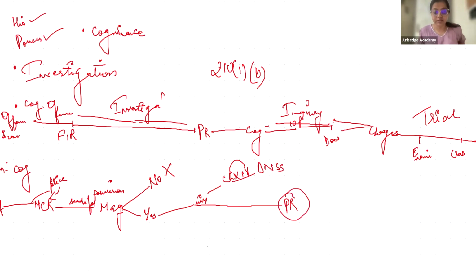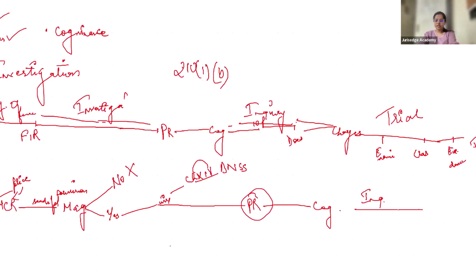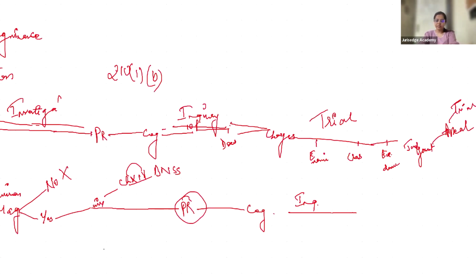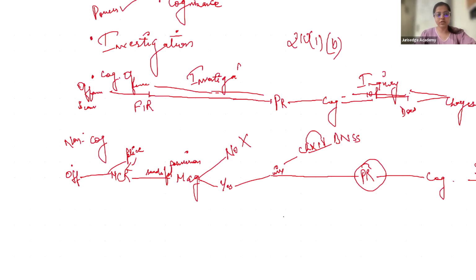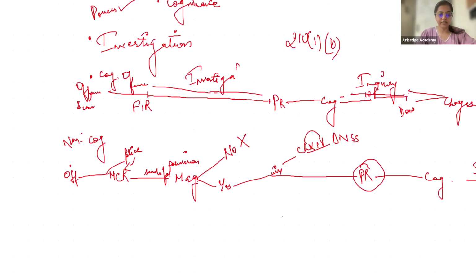The charge sheet is compulsory. So as soon as the charge sheet is filed, then cognizance is taken, and then everything is similar. Inquiry begins. The whole inquiry is completed as soon as the charges are framed, the trial begins. So this is the whole process for investigation in a non-cognizable offense.